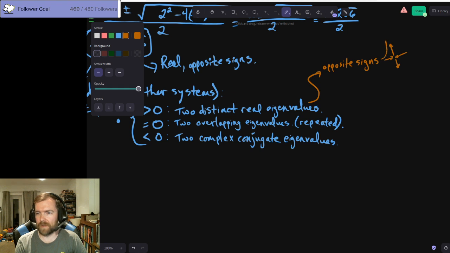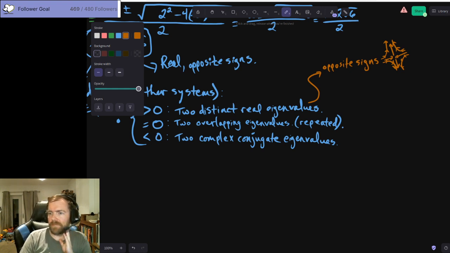And specifically, because these tend to be exponential solutions, the solution is a linear combination of exponential things. The thing with the larger eigenvalue is going to tend to dominate behavior, especially if you have positive things, right?